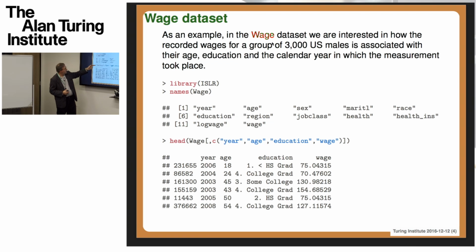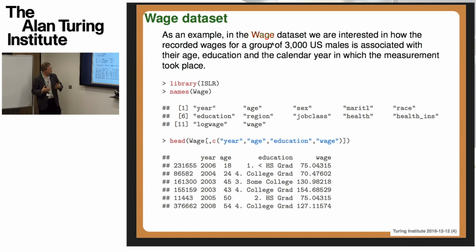Here what we're doing is looking at the head of that R data frame, which is to say the first 6 or so lines of that data frame. The indexing into the data frame is through the square brackets arguments, the first of which is blank, which means all the rows are available, and the second of which nominates the columns.